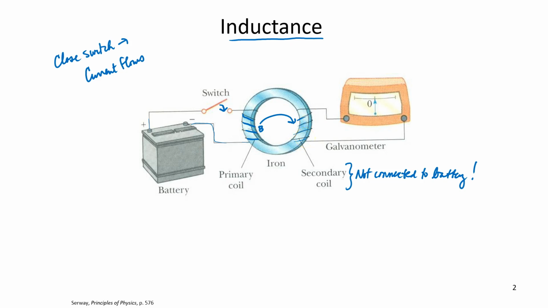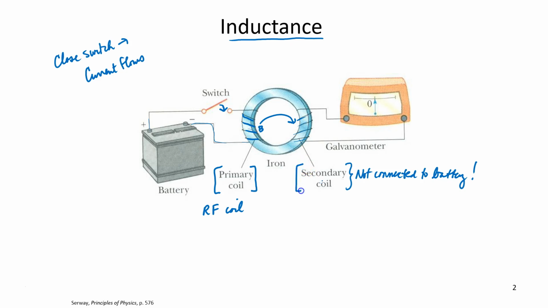So thinking back to the ICP and the torch, what do you think functions as the primary coil? I hope you thought of that radio frequency coil. Current flows through it. A magnetic field is produced. That magnetic field induces a current, which I'll just call a secondary current.